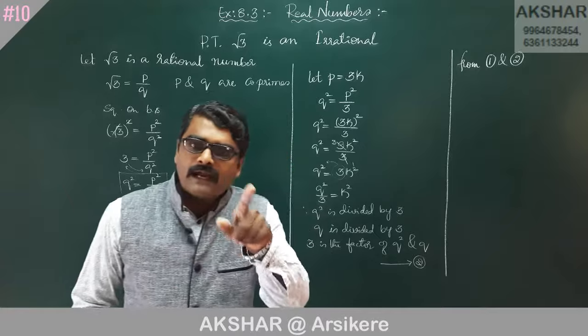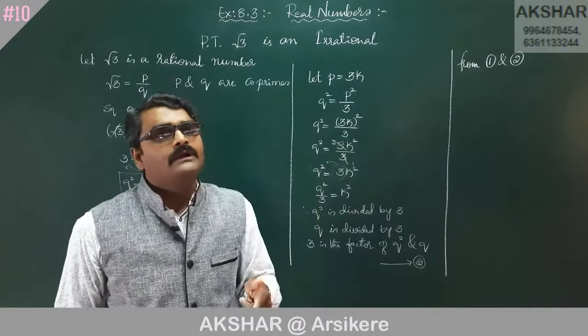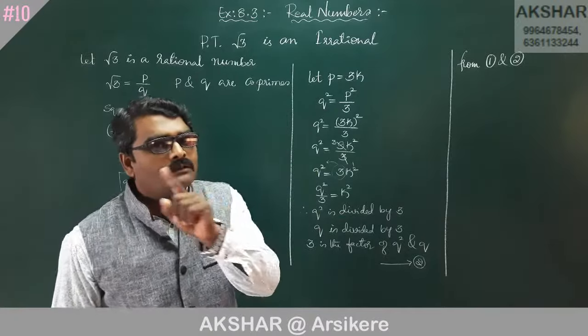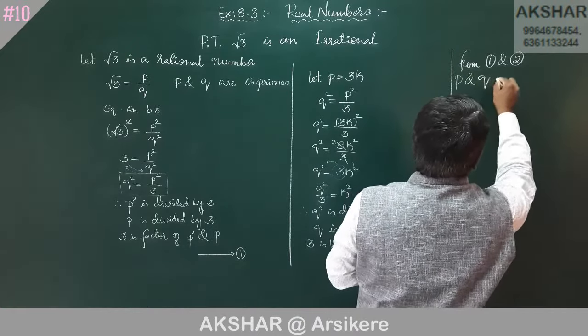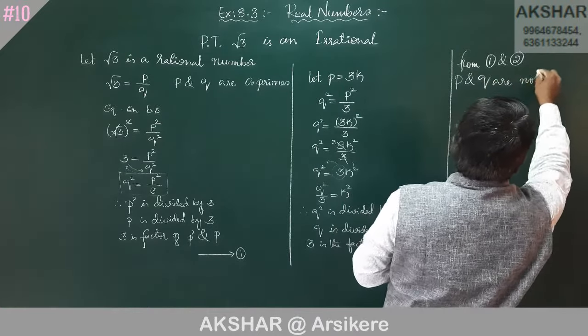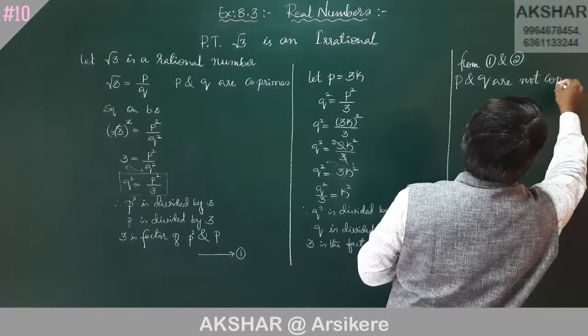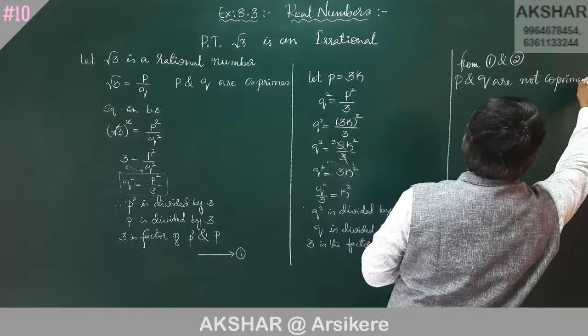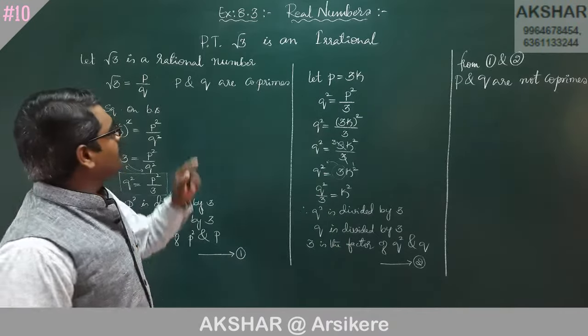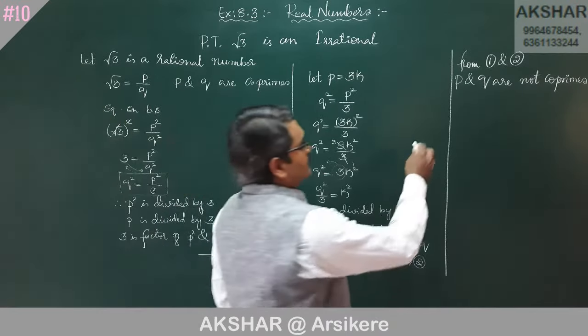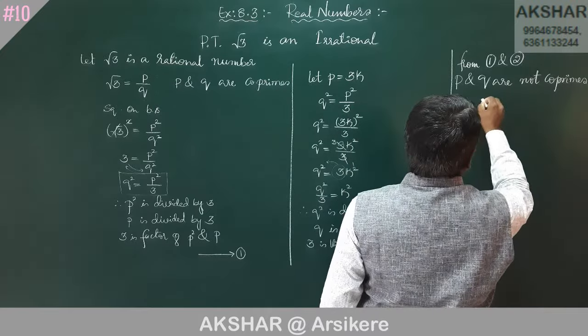If 3 is a factor of p and q, then p and q are not co-primes. Not co-primes.